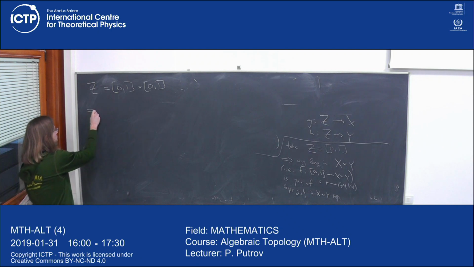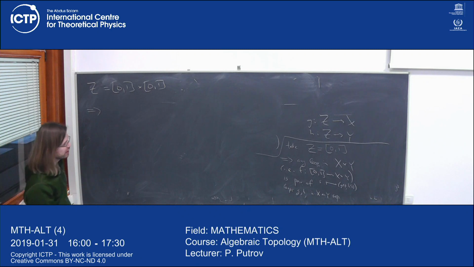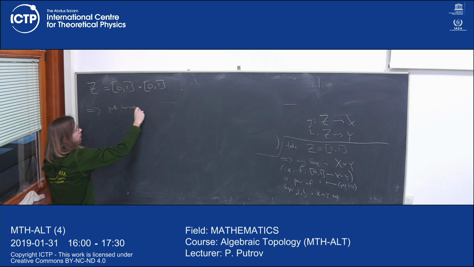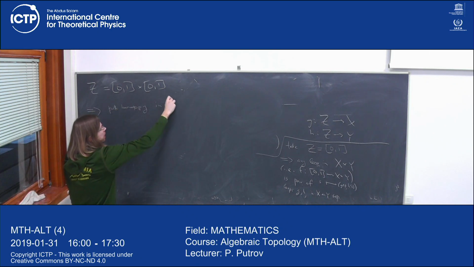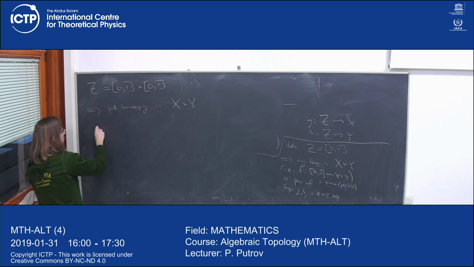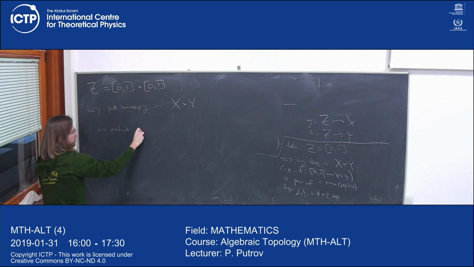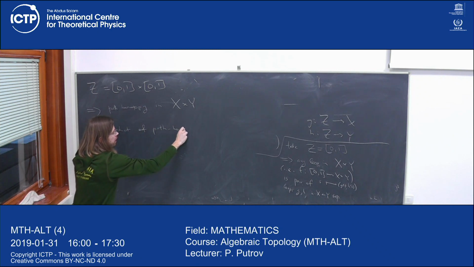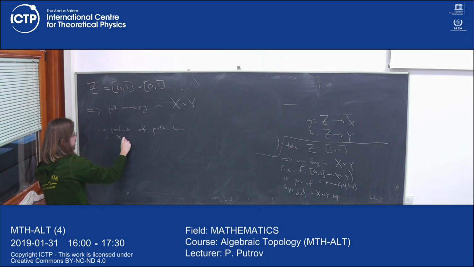Then if you use this general statement when Z is a product of intervals, it follows that a path homotopy in X times Y is a product of path homotopies in X and Y.